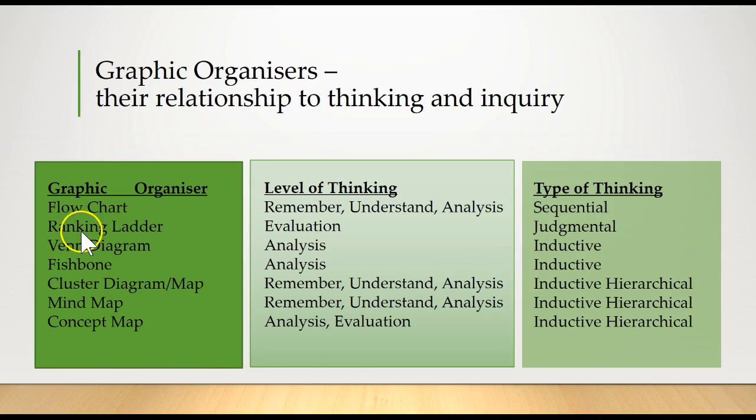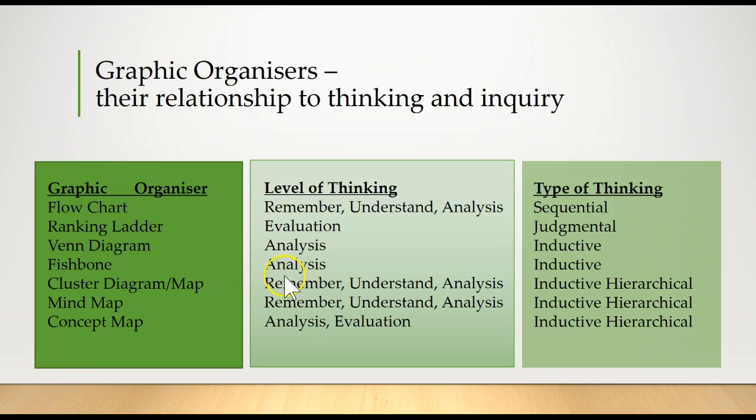If we look at a flowchart, the flowchart shows the different levels of thinking: remember, understand, analyze, and the type of thinking is sequential. Ranking ladder is evaluate, and type of thinking is judgmental. Venn diagram is analyze, type of thinking is inductive.